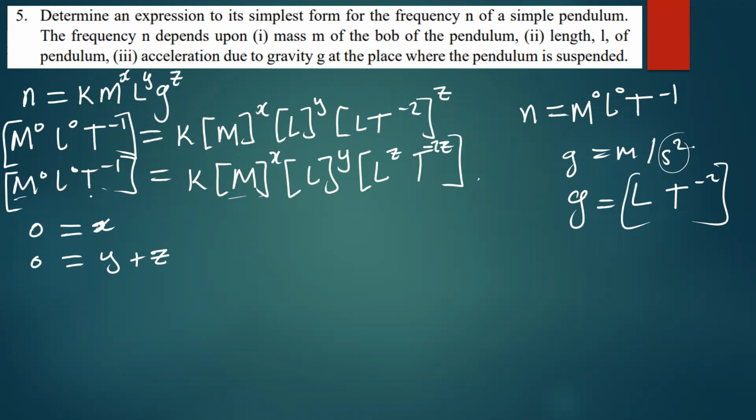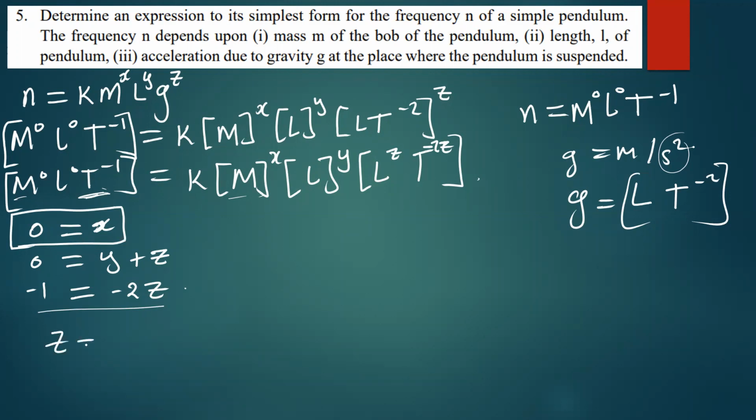So look at the powers of T. The power of T there we have -1. On the other side, the power of T is equal to -2z. So already we have the value of x, which is 0. To find the value of z and y, we can get this other equation, which only consists of one variable, which is z.